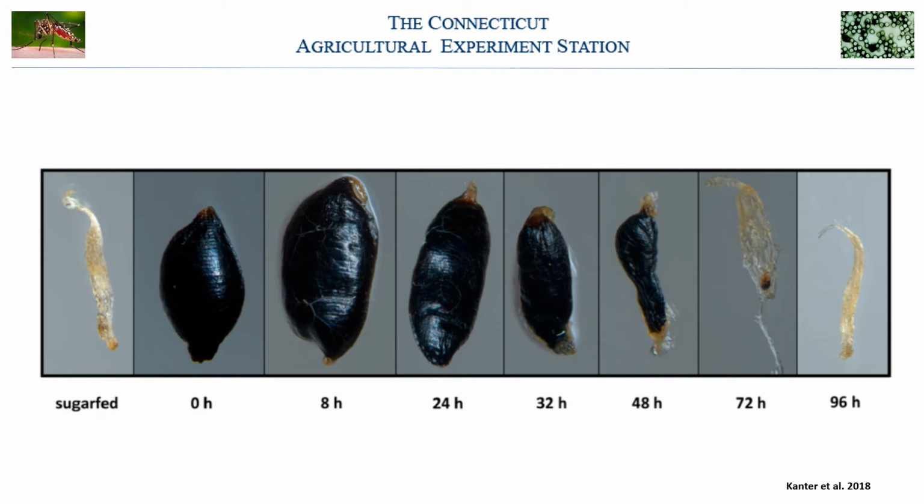This really is a huge event in the life of the mosquito. You get this huge blood meal, the midgut expands, and eventually over time the blood meal is digested, and the gut gets back to looking the way it did at the beginning.